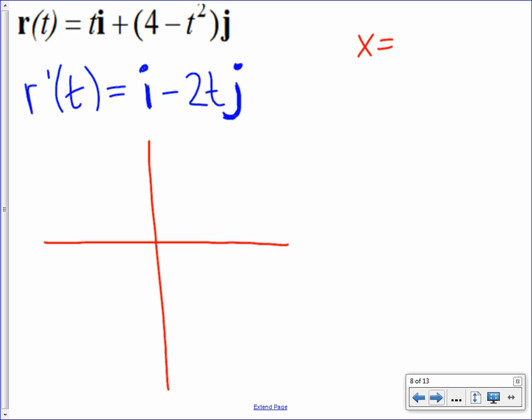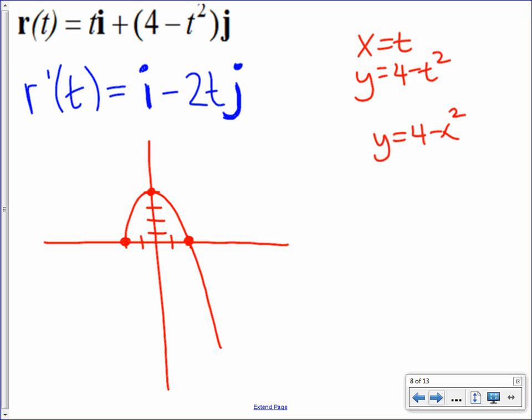Well, if x equals t, and y equals 4 minus t squared, then y equals 4 minus x squared. Well, that one's pretty easy. Okay, what would our direction be? Where would our arrows go? To the right. Like this? Yep.